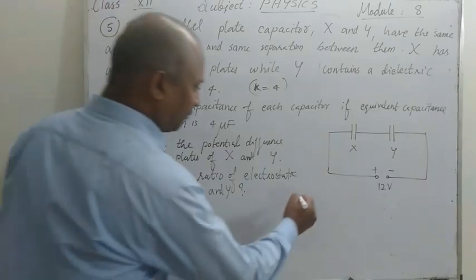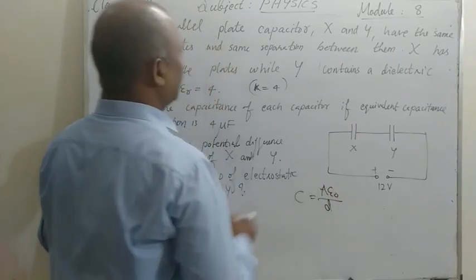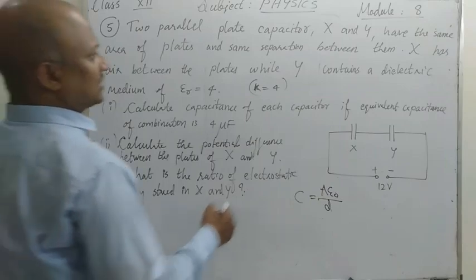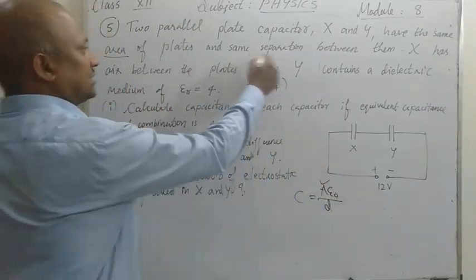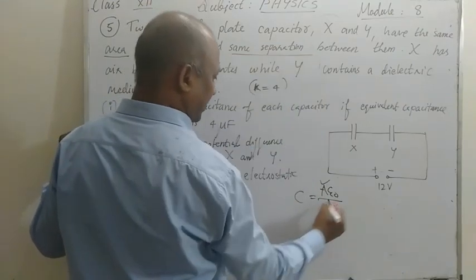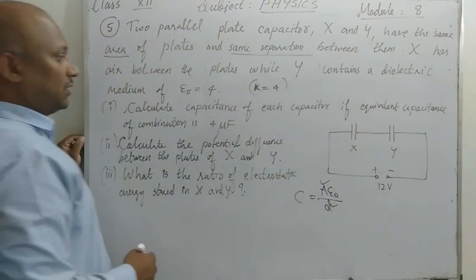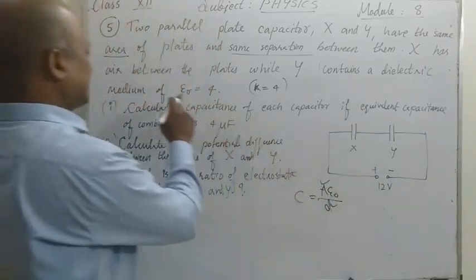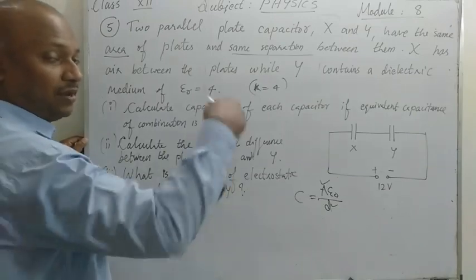So first of all, we know the formula for a capacitor is A epsilon naught upon D. So when you say two parallel plate capacitors have the same area and the same separation, this means that the capacitance is the same. But Y has a medium and X has only air between the plates.